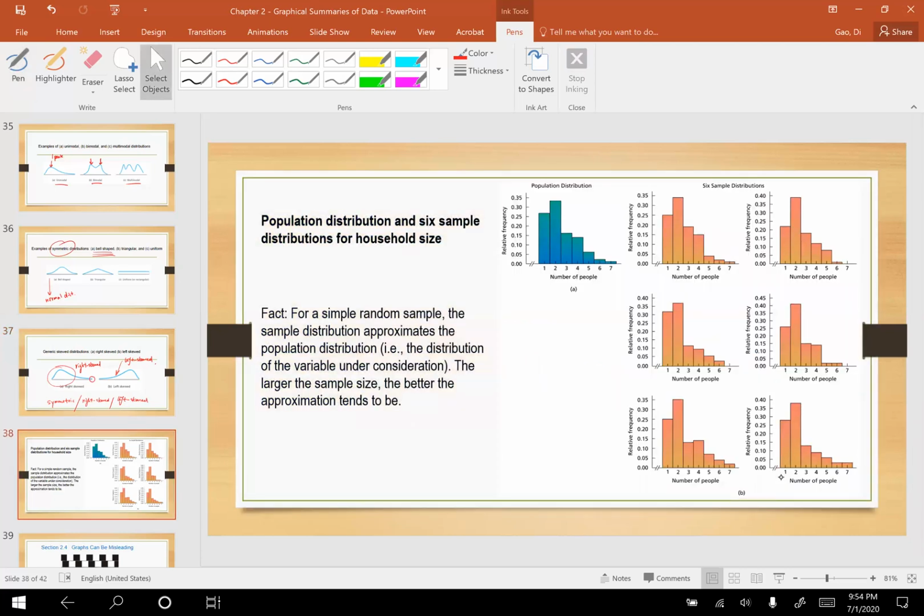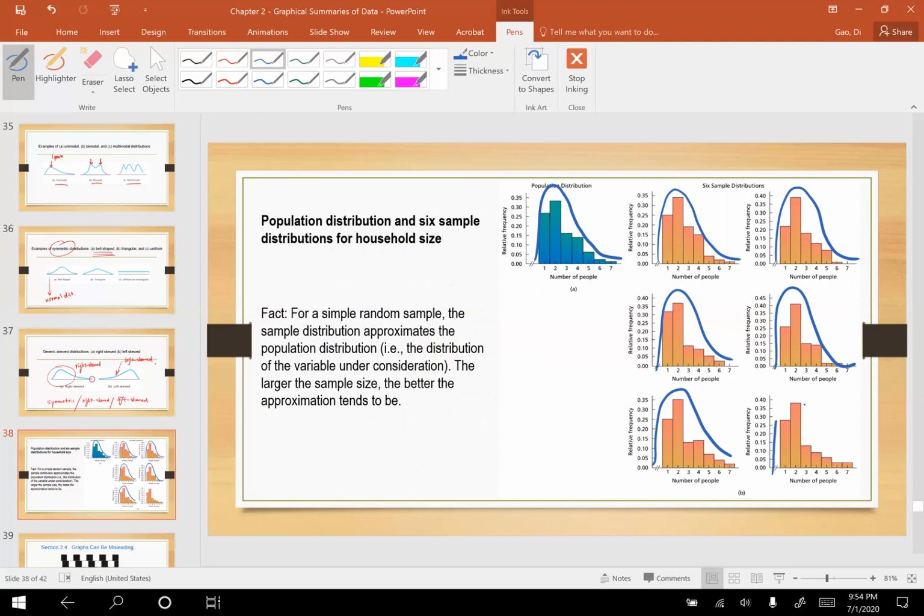Now let's look at the population distribution and 6 sample distributions for the household size. This is the population one. And if you look at samples that we randomly draw from this population, the first one, the second one, the third one, the fourth one, the fifth one, and then the last one, the sixth one, they're all similar to the population distribution.